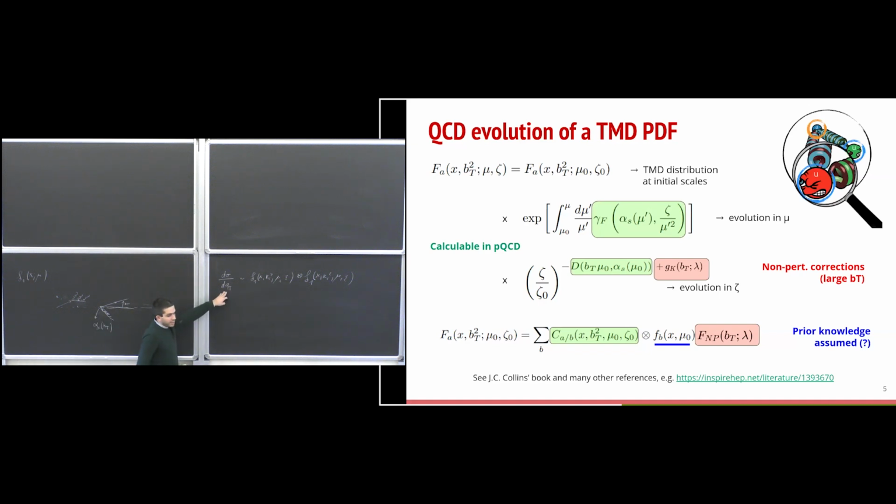It will be when my cross-section can be calculated in perturbation theory, right? So it would be basically when the green boxes dominate the calculation.